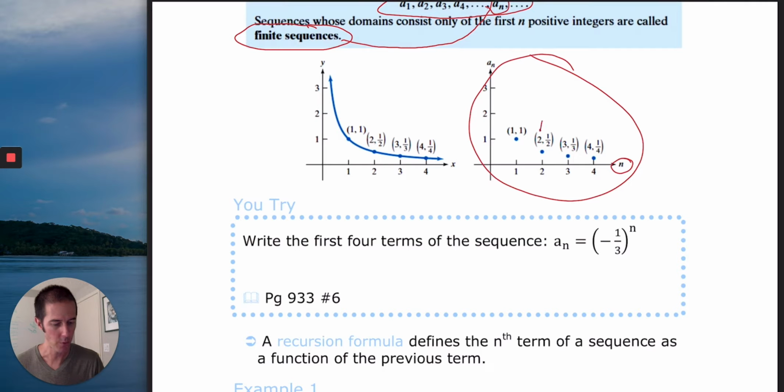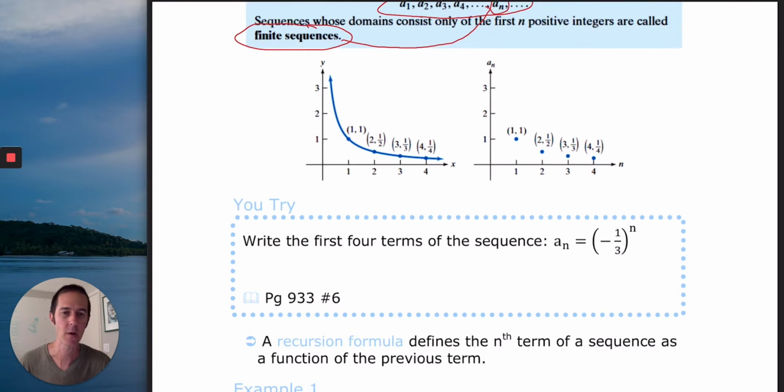When we plug in 2, the output value, the a sub n value, is 1/2. 3 goes in, out comes 1/3. 4 goes in, out comes 1/4. You can see the pattern there, hopefully. If we were to draw a curve that passed through those points, you would end up with the graph on the left. That's also a function, but we're not going to be working with the points in between. We're only going to be working with these.